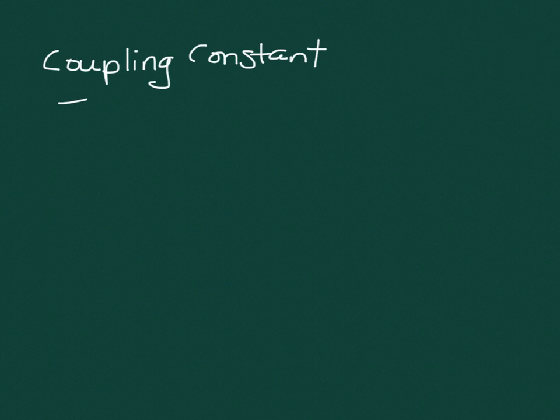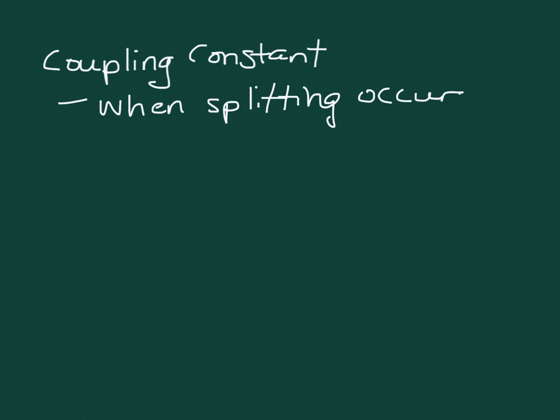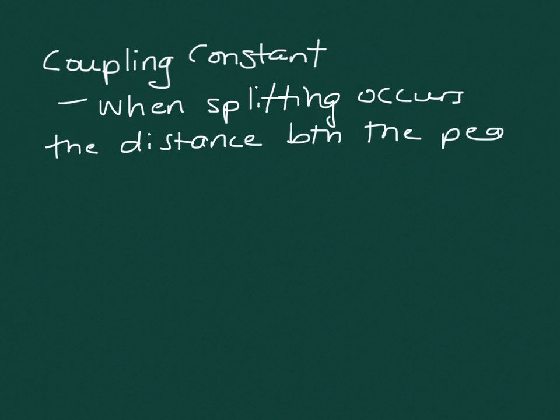When splitting occurs, the distance between the peaks of the multiplet is called the coupling constant.